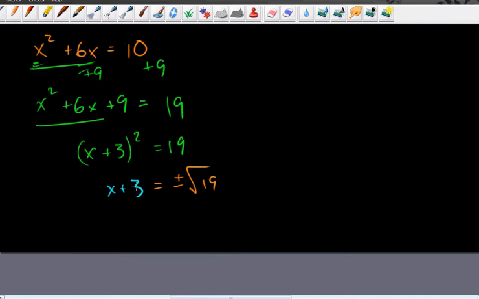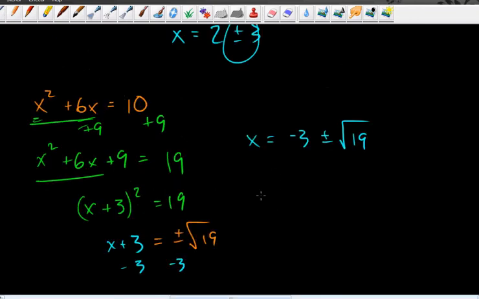We don't write the positive or negative x plus 3 on the left, because we would end up with essentially the exact same answers as if it was just positive x plus 3. So from here, I'm going to subtract 3 from both sides, and I get x equals negative 3 plus or minus the square root of 19.